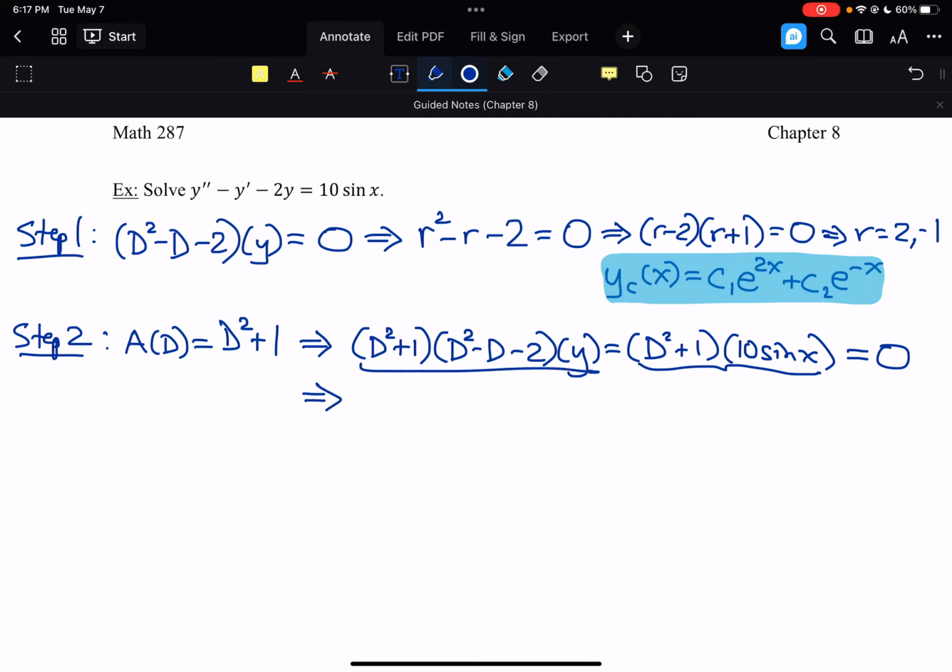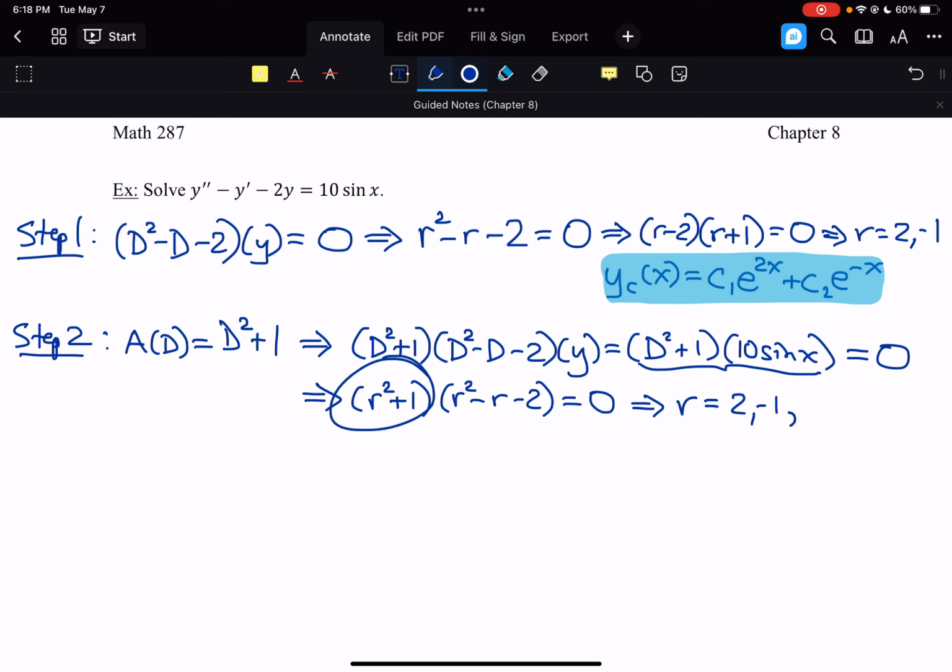So we just have this side equal to 0. And now we'll do the same thing. So we'll go ahead and convert this into the auxiliary equation. So that would give us r squared plus 1, r squared minus r minus 2 equals 0. The roots that we get, this one is exactly the same as above, right? It's the same roots. So we still get 2 and negative 1.